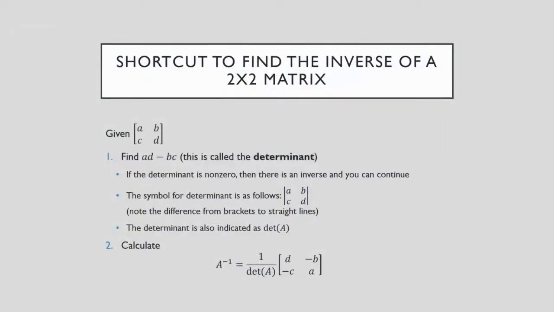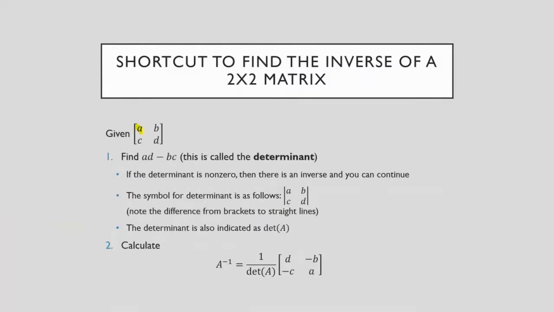So, if that method confuses you, there is a shortcut when you have a 2x2 matrix, which is nice. So, it's got lots of variables here. So if you have a matrix and just the numbers are going to be A, B, C, and D, first you need to find AD minus BC.